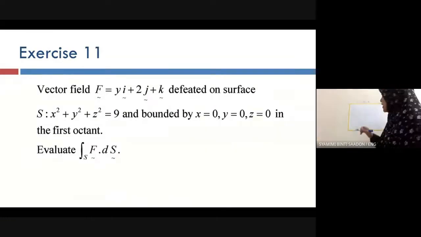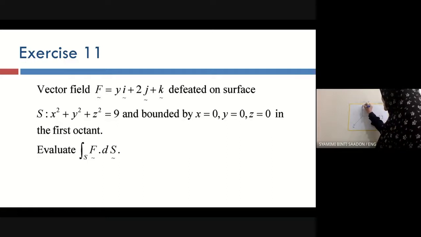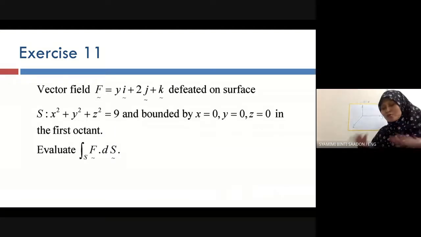So for this one, imagine we have x, y, z. The surface S is defined by x squared plus y squared plus z squared equals 9.